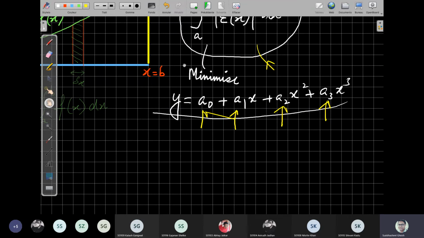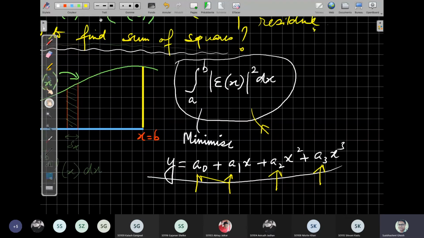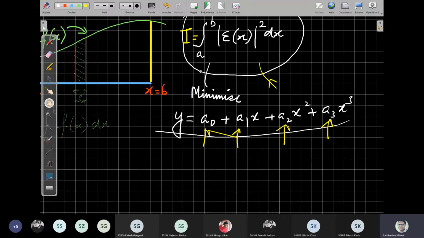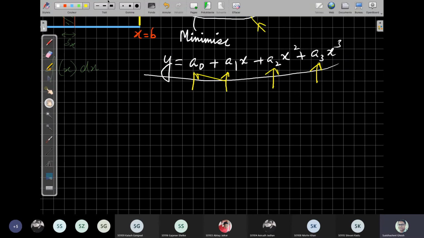Therefore, if suppose I say that, let this be I. ये जो मेरा integration है, इसको अपन I बना लेते हैं. And if I have to minimize I with respect to a0, a1, a2, a3, तो मुझे क्या करना चाहिए? Please remember, कैलकुलस का सिंपल है, मल्टीवेरिएट कैलकुलस में अपन ने क्या किया था?